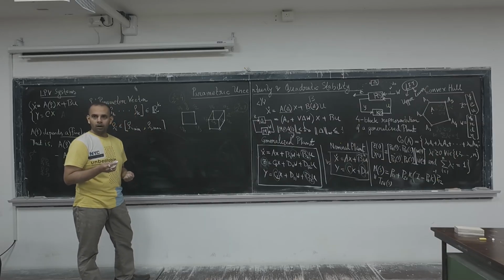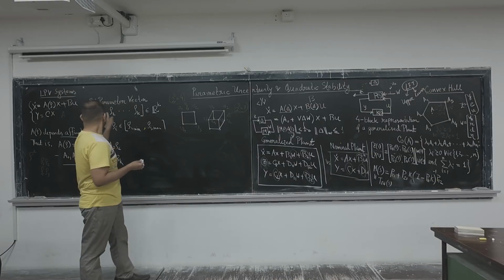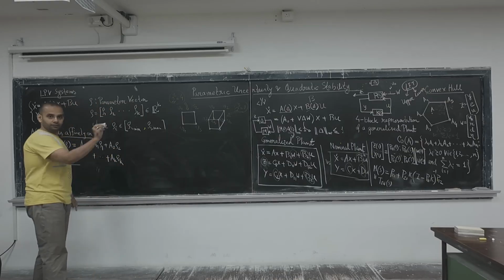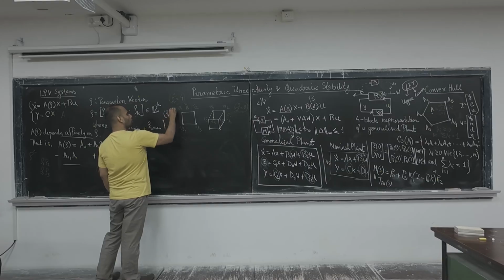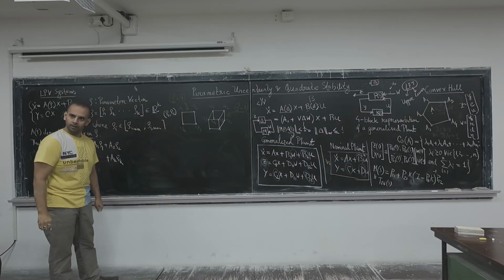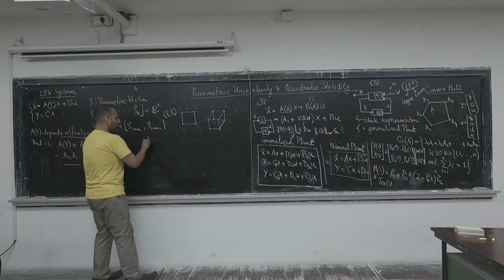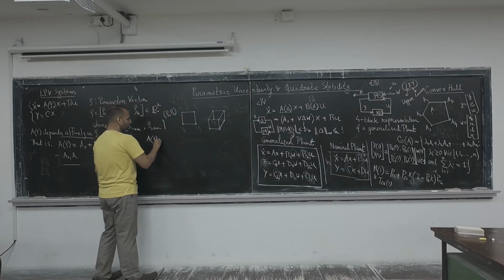Just the line. First of all, that is this A rho. In that case, if we have two parameters, like suppose rho 1 and rho 2, they are the two parameters. Okay? So in that case, how can you write your A rho matrix?